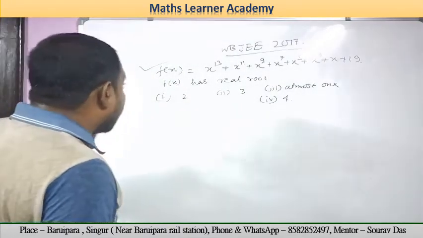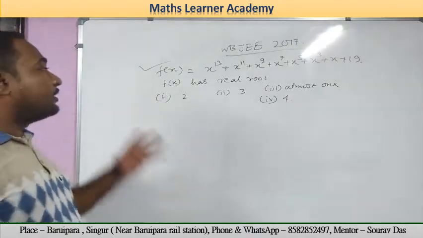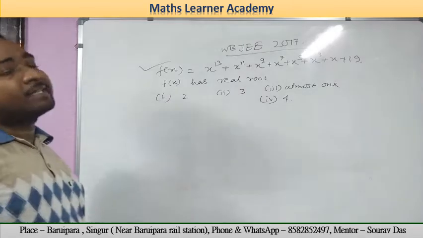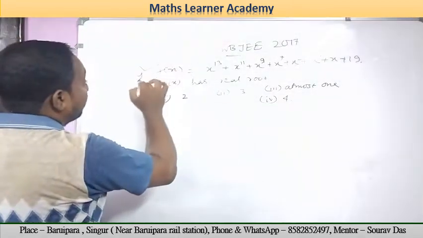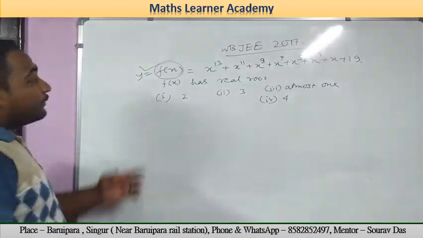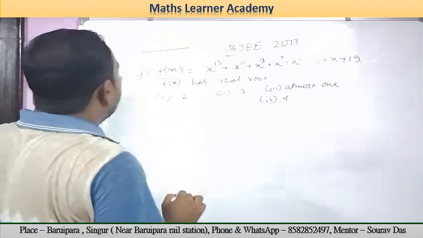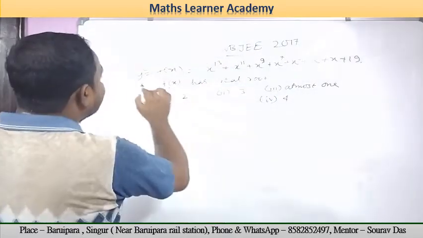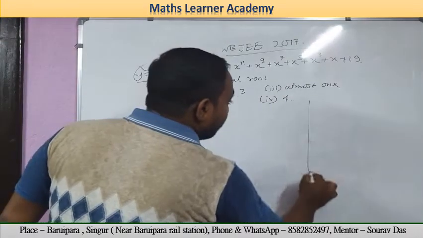So before starting this problem, we should have some idea about the solution. What do we mean by the solution? Solution means the function y equals f of x. I am finding those points where this graph y equals f of x cuts the x-axis.